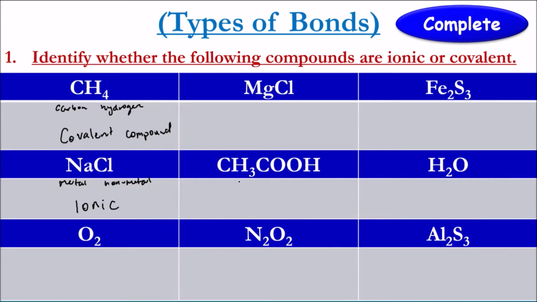This is ethanoic acid. It's made of carbon, hydrogen, and oxygen. All three of these are non-metals. That means we are dealing with a covalent compound.